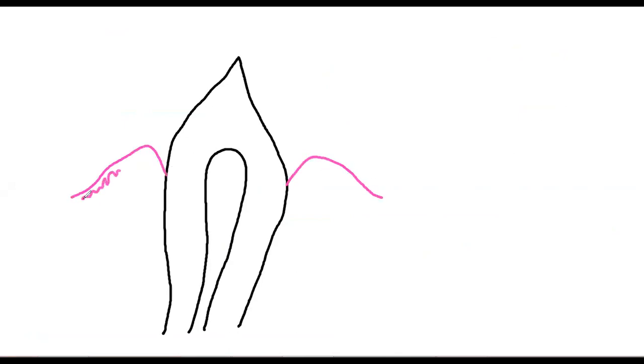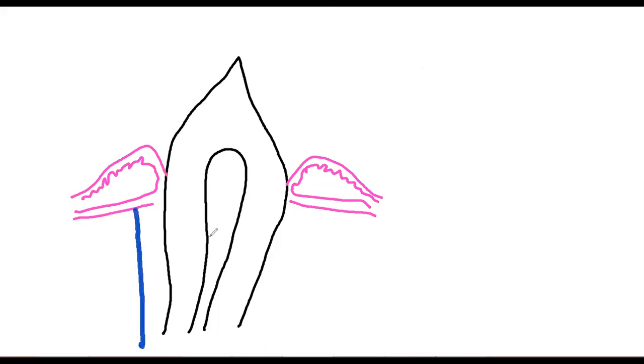Okay. So this is the gingiva or the gums. Fine. So this is located in the gingiva. Now this part of the tooth is called the what? Socket. So this is the jawbone.